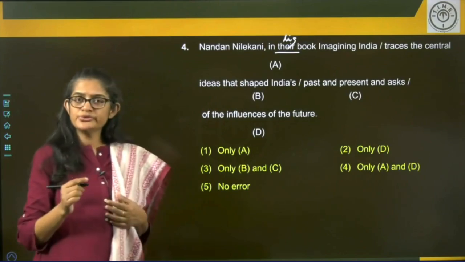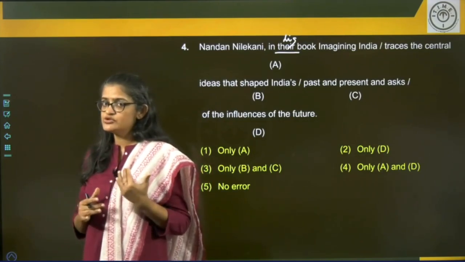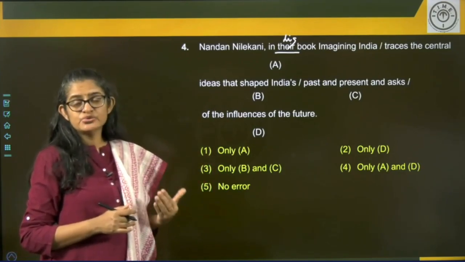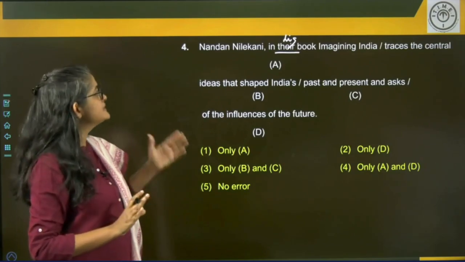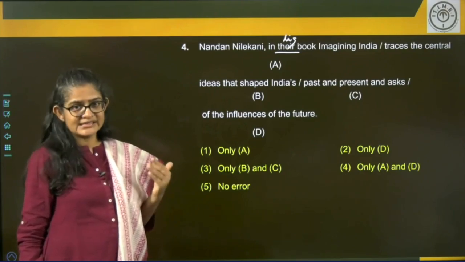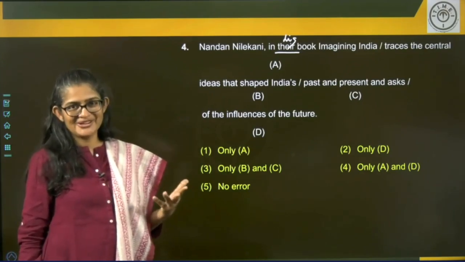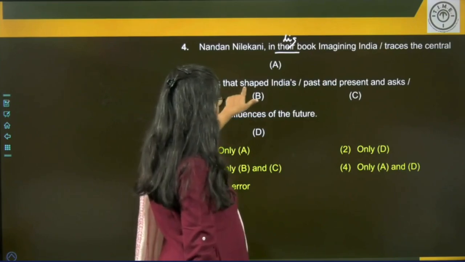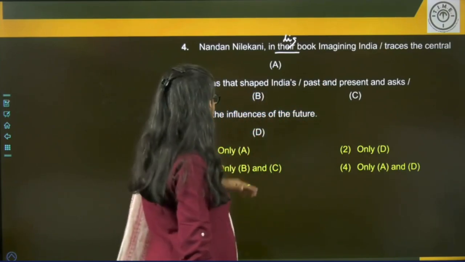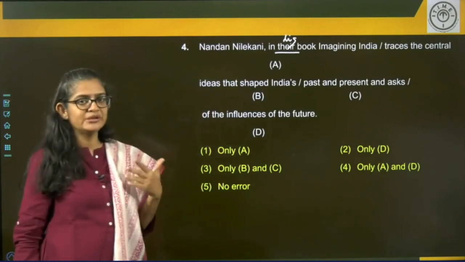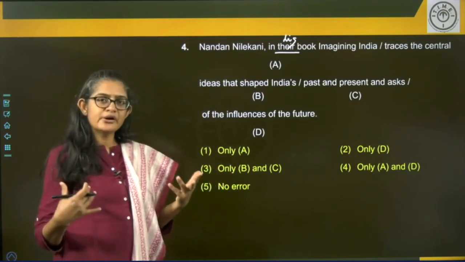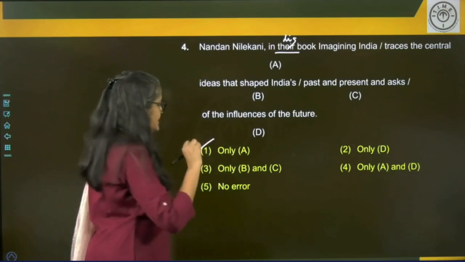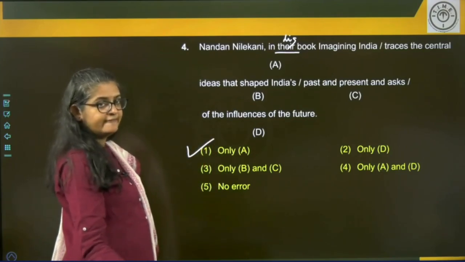These days if a person wants to be gender neutral, then you can use they. However, since this person identifies as a male, it is in his book Imagining India, traces the central ideas that shaped India's past and present and asks of the influences of the future, means asks about or wonders about what will be the influences of the future. That is fine. So the error is in A. Option 1.